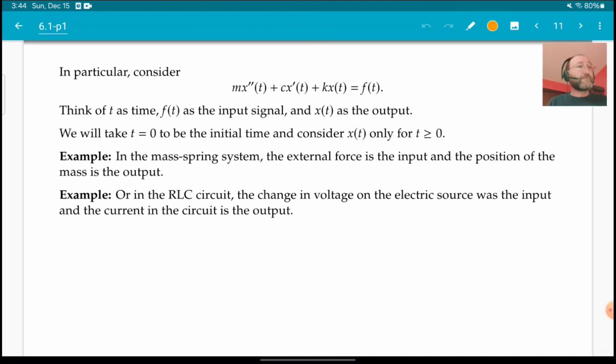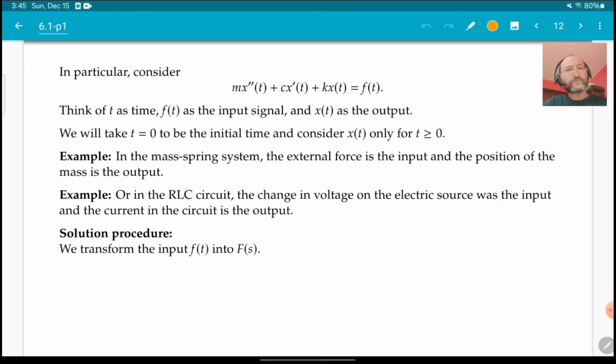In that case, the change in voltage from the source is the input, the F, and the X, which we wrote as capital I, is the current in the circuit. That's the output. We're figuring out what the circuit does given some input signal F.